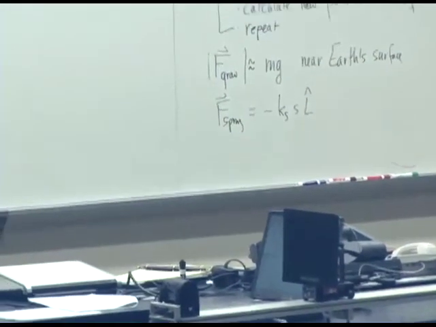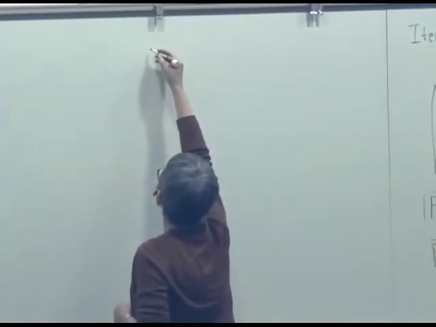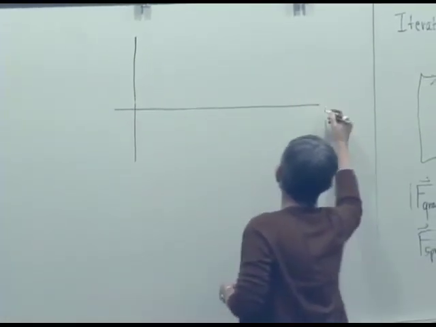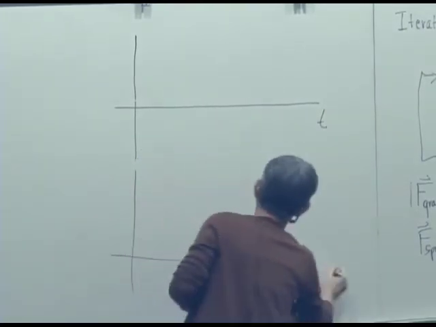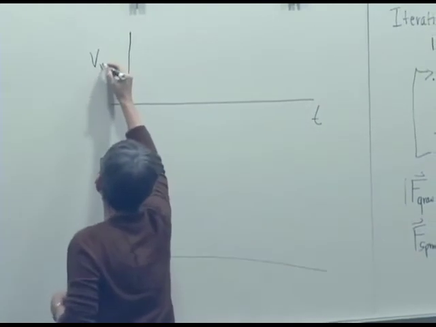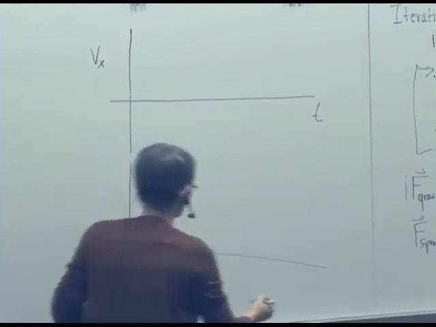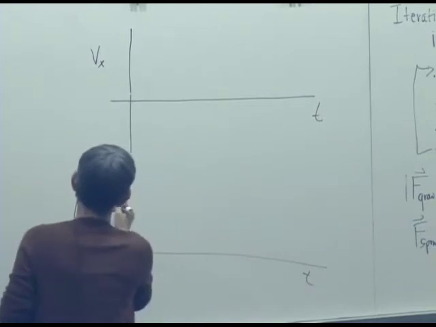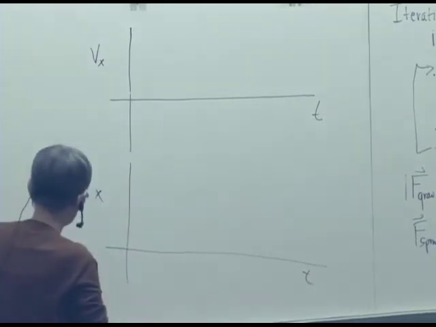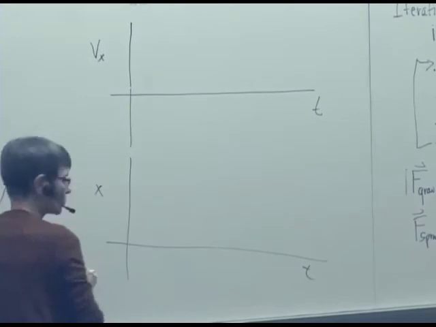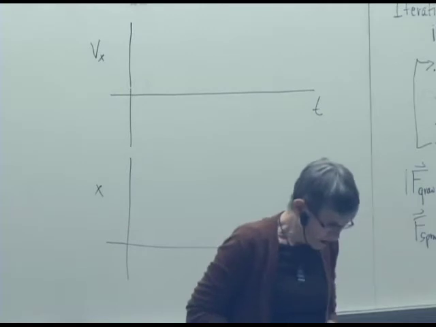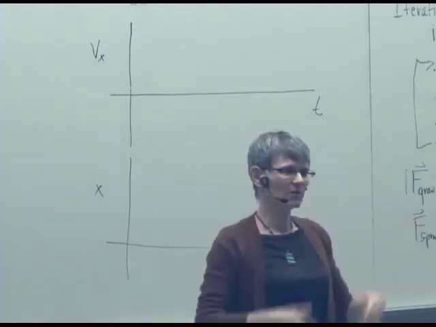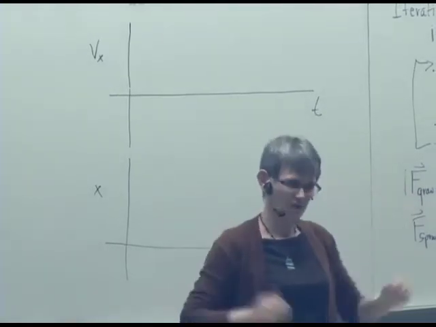So what this will produce for us is some graphs that look like this, where this axis is time, and this axis is the x component of the object's velocity, and it's actually going to make another graph where this is the x component of its position. So we could write r sub x, or we could just write x for that. And what we're going to do is apply the momentum principle to predict what we think we're going to see in these graphs in different situations.